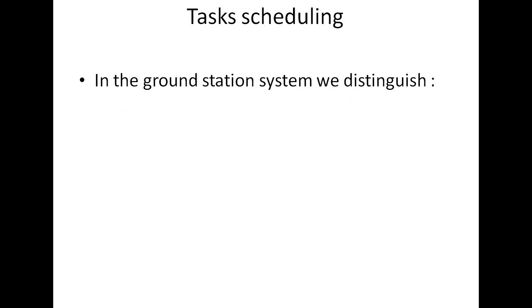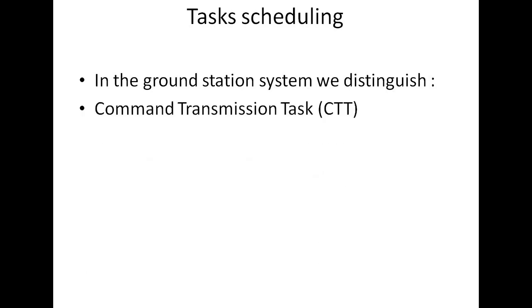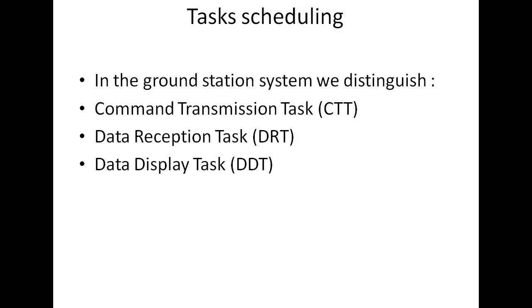On the other hand, in the ground station system, we have four essential tasks. The first task, which has the highest priority, is the command transmission task. The second priority is the data reception task. The third one is the data display task from the microcontroller to the PC.